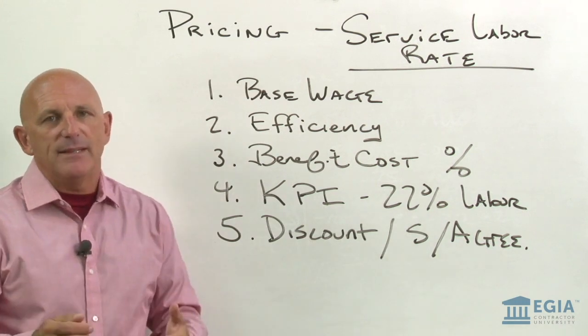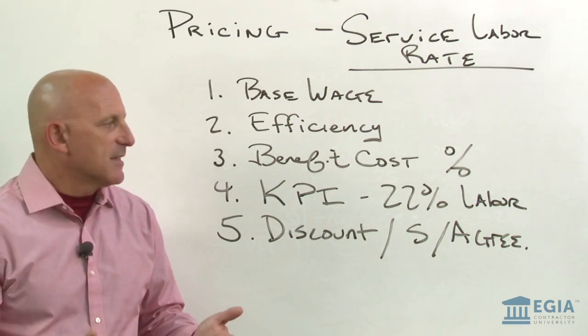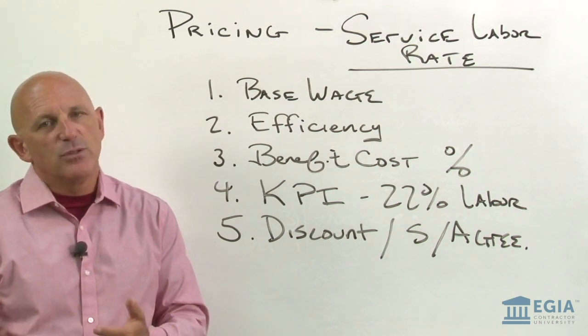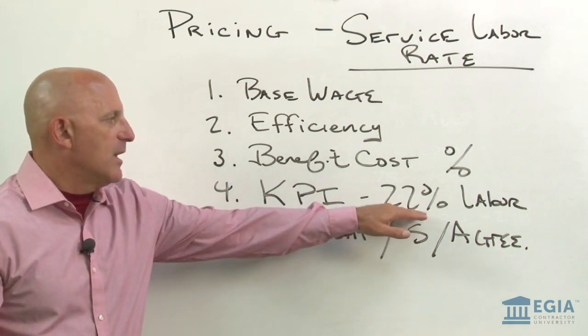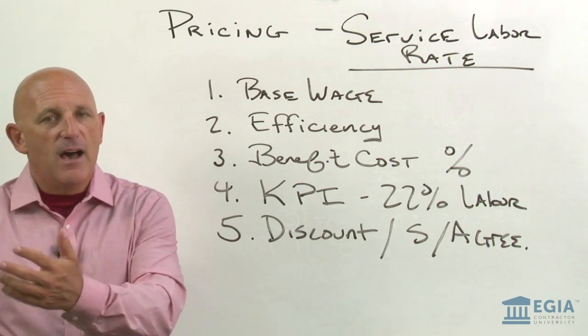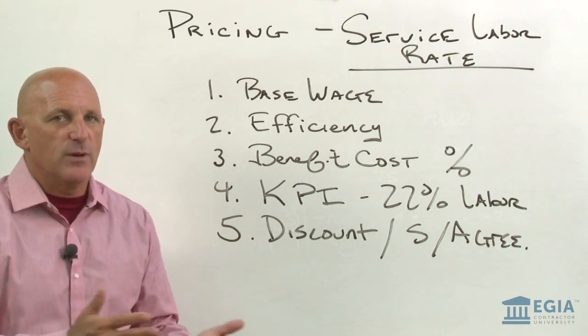The problem with that is efficiency. If I'm 50% efficient, that means on the $100 rate, I only get 1 hour billed for every 2 hours that I actually pay. So $22 will be in relationship to $100, but we may have to have a rate of $200 because we're billing only 1 out of every 2 hours.